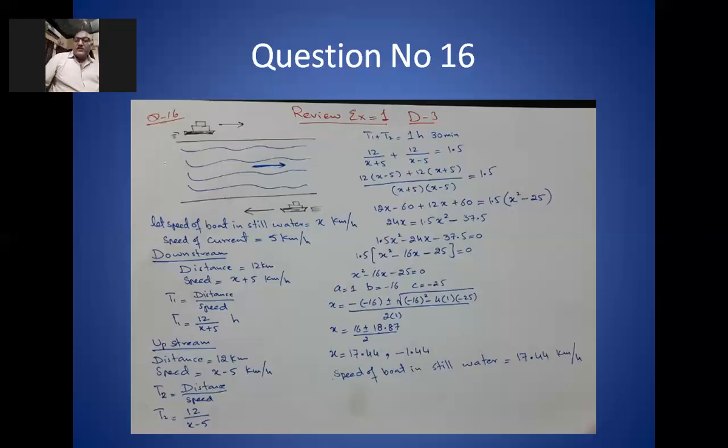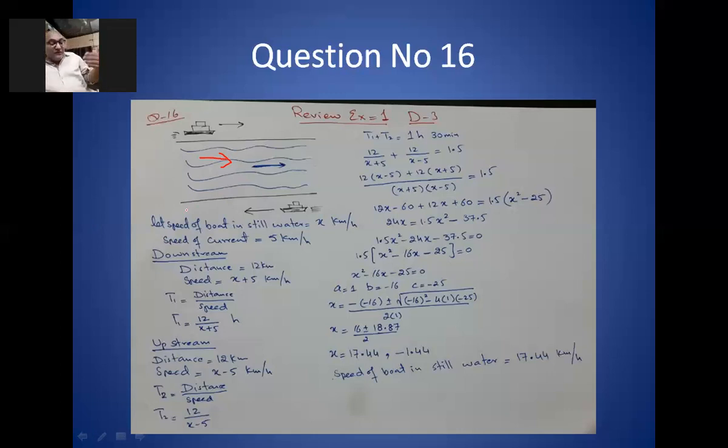So listen carefully. I have drawn this diagram. For example, this stream is flowing from left to right. The boat from this point went 12 kilometers upstream, and then 12 kilometers downstream. When the boat goes upstream, it moves against the current.